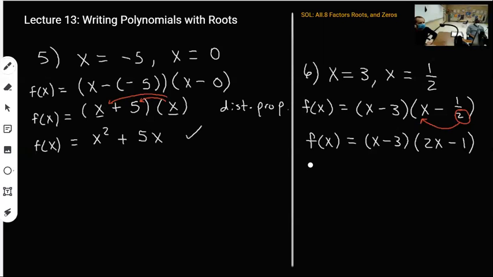Okay? So now what I can do is I can FOIL. I multiply x by 2x to get 2x squared. I multiply x by -1 to get minus 1x. Multiply a -3 by a 2x, you get minus 6x. And -3 times -1 is going to give you a positive 3.